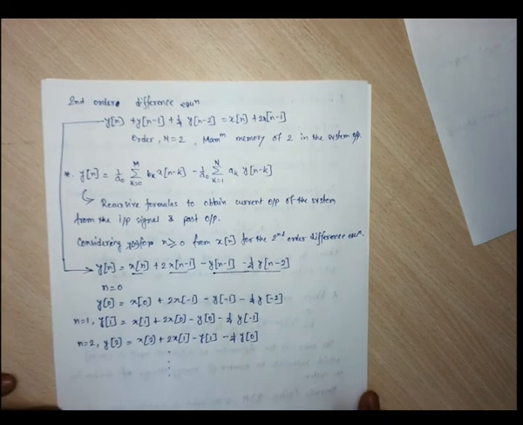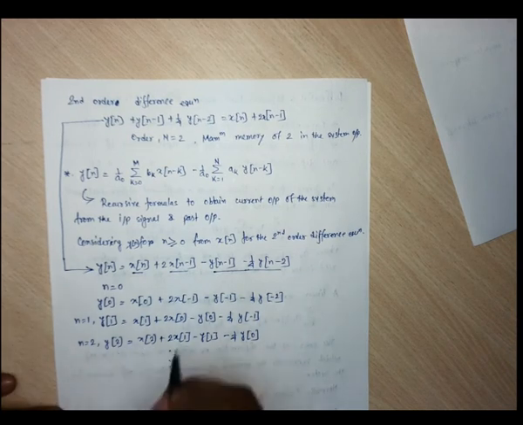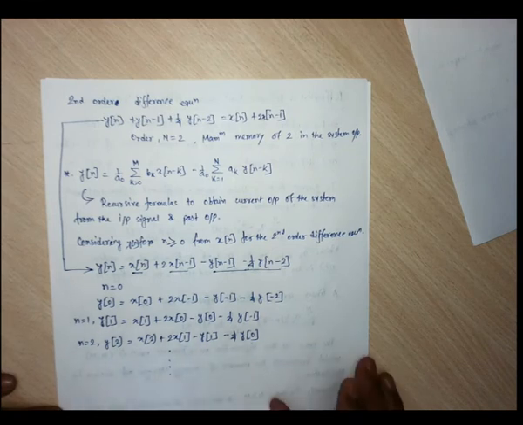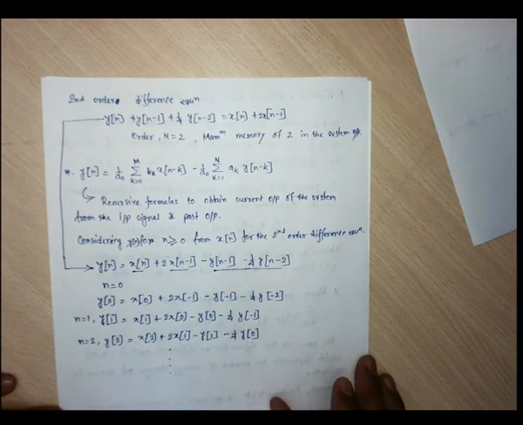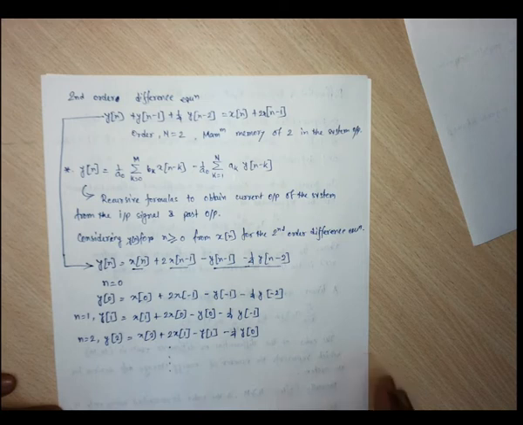So in each equation the current output is computed from the input and the past values of the output, from the input as well as the past outputs. So in order to begin this process at n is equal to 0, we must know the two most recent values of the output.